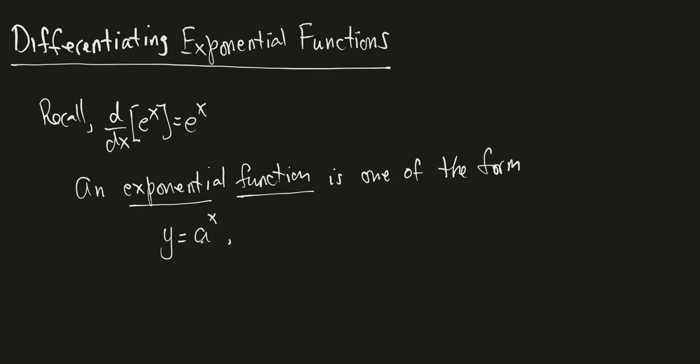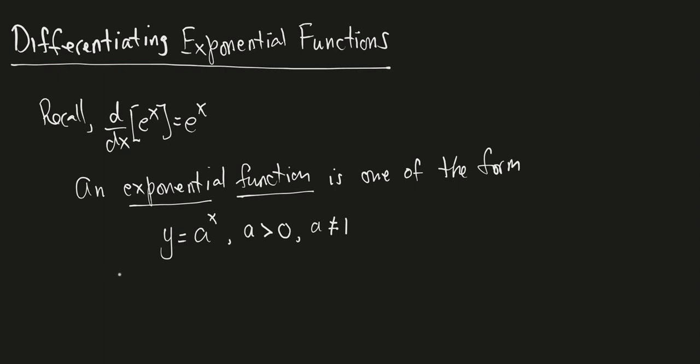Now we can't just take any old number for the base a. The base has to be positive, and the base cannot be equal to 1, because if we have a base of 1, then we don't have an exponential function. In that case we would have a constant function, y equals 1. So that's the definition of an exponential function.